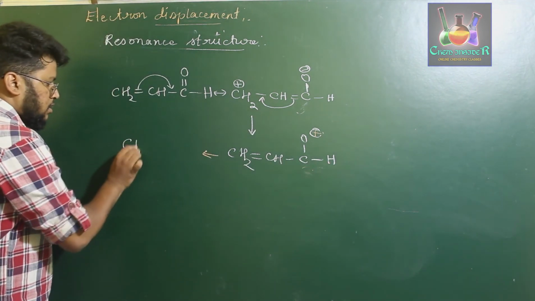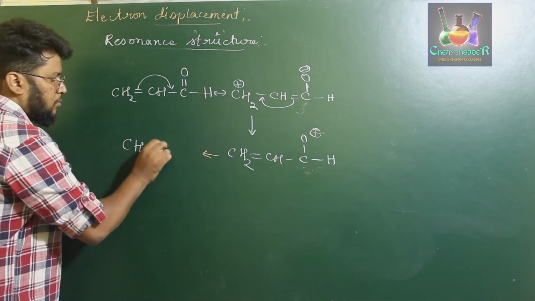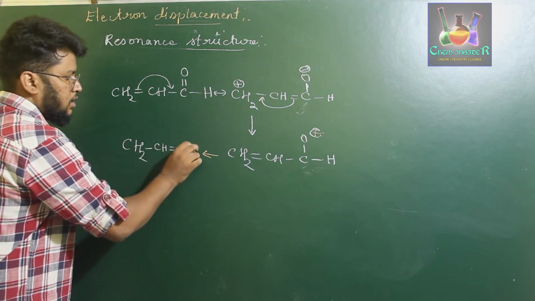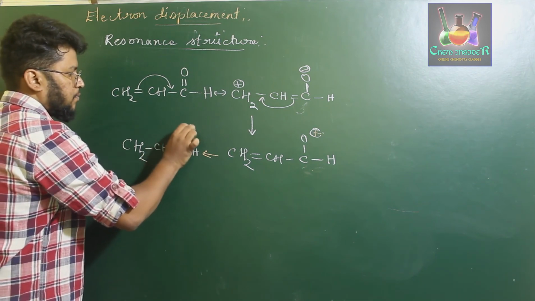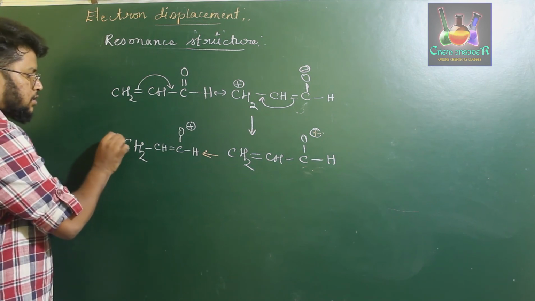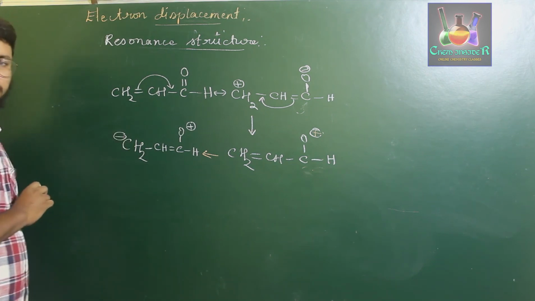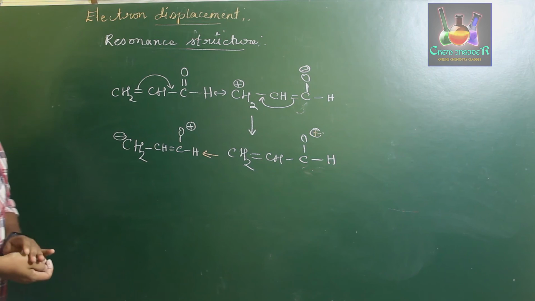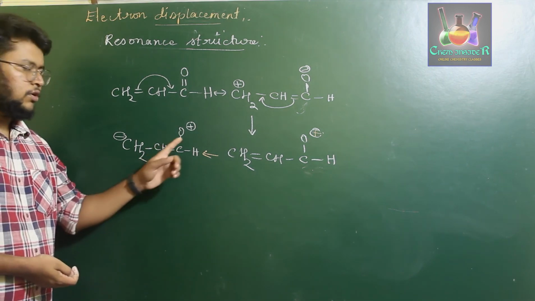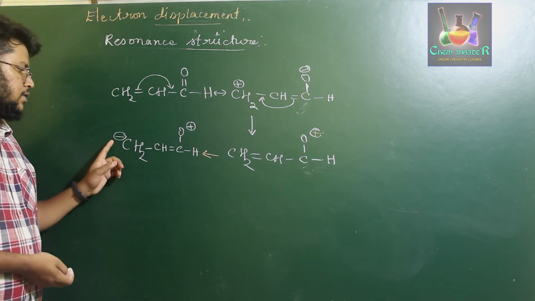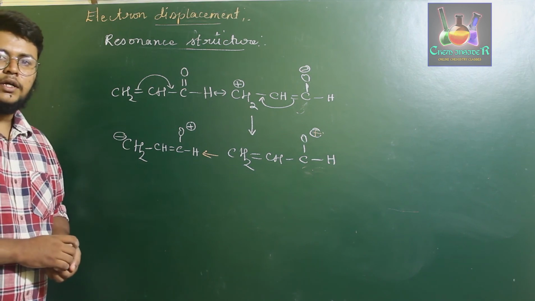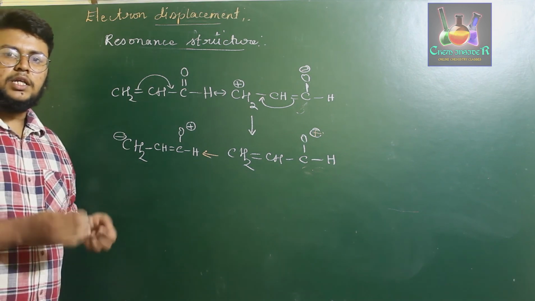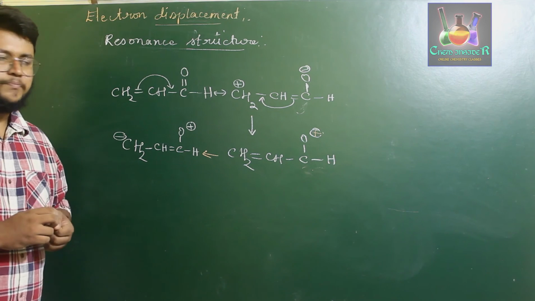In this particular case itself, let us say we have a structure of CH2 single bond CH double bond C O plus. In this particular structure, let us say we have a negative charge over here. Now, if the positive charge is present on the electronegative element and the negative charge is present on the electropositive element, then that particular species will be the least stable structure.